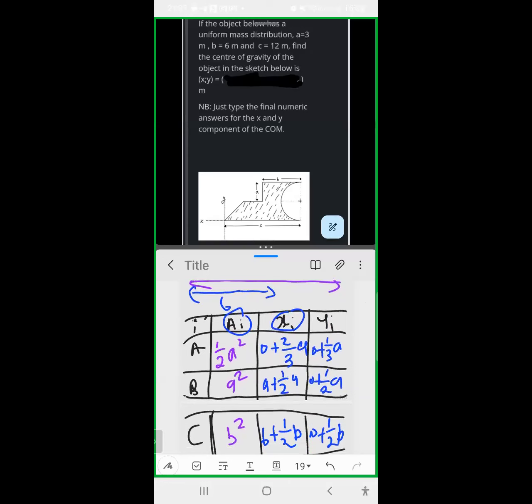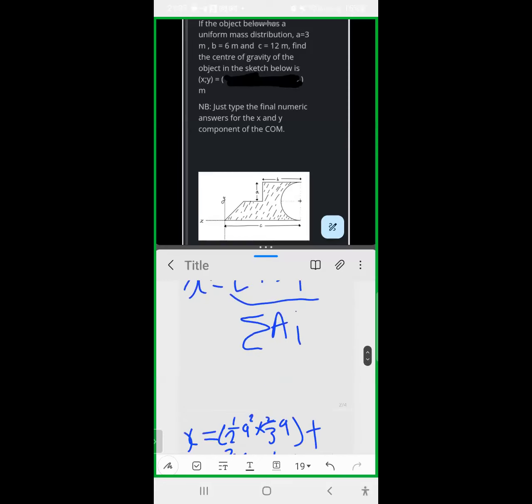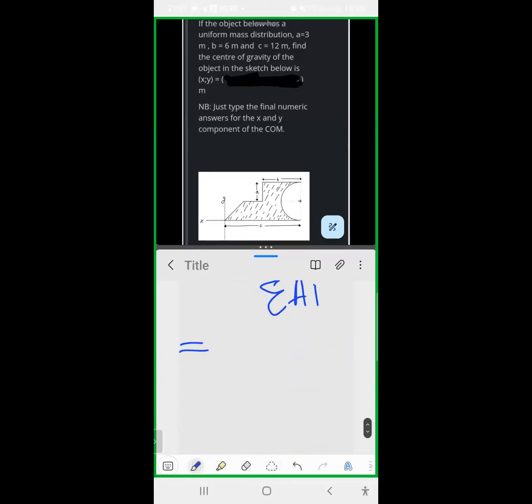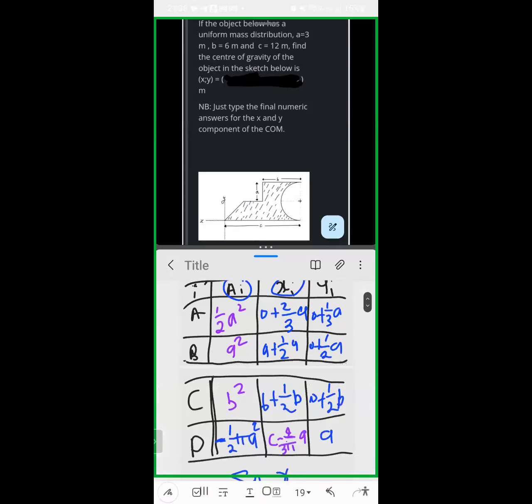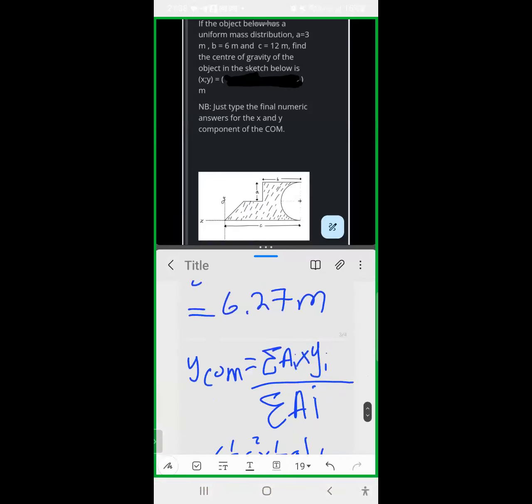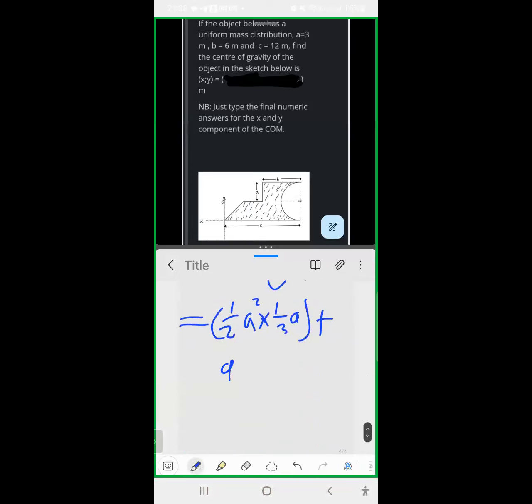This will be multiplied by 1 over 3a, the y coordinate of the center of mass for A. So first one, 1 over 2 a squared multiplied by 1 over 3a. And then this will be added to, for the second shape, area a squared, we multiply it by 1 over 2a.